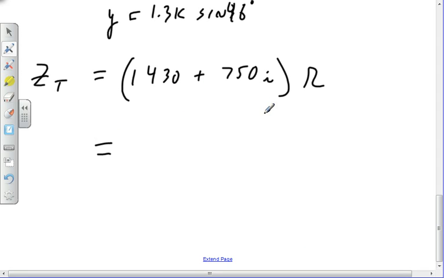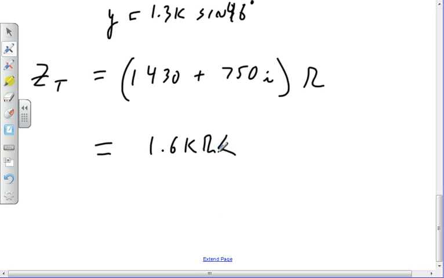So this time I'm going to do the same thing in my calculator. I'm going to go 1430, XY key, 750, equals, third function, change it to polar, and I'm going to see 1.6K angle, 1.6K ohms, angle minus 27.6.